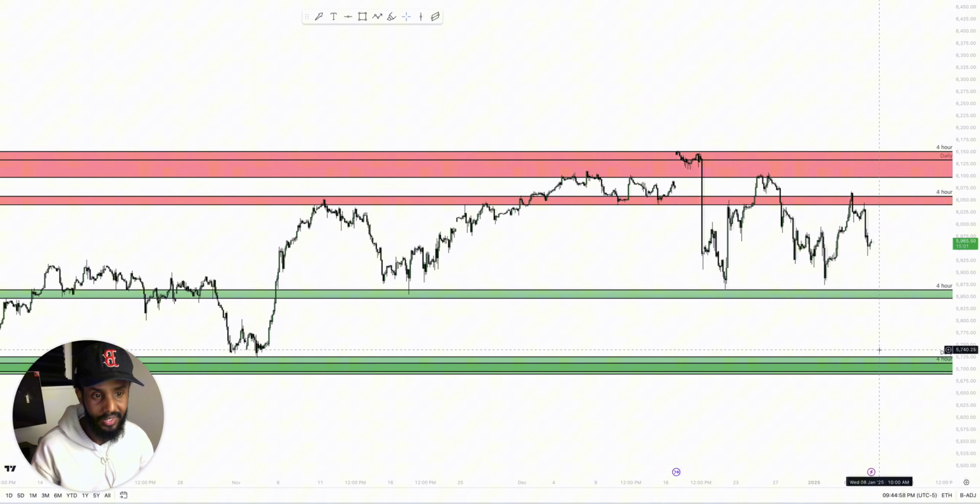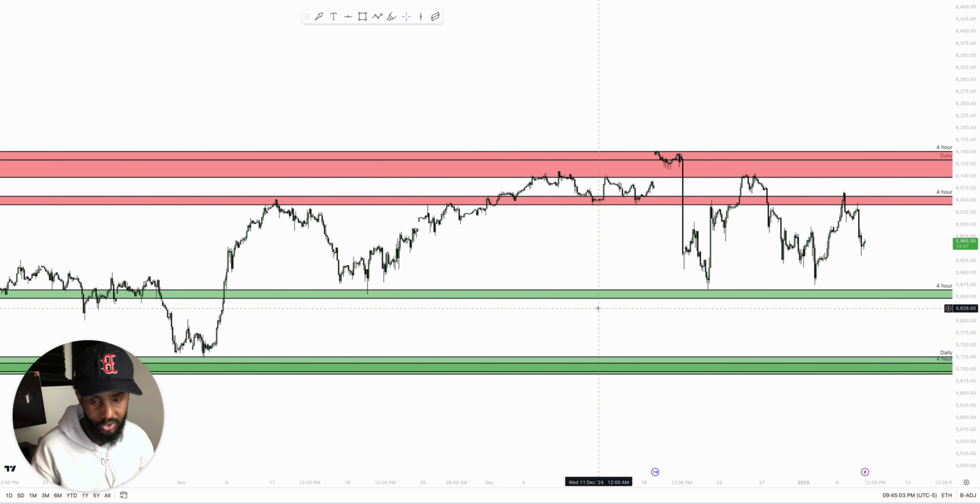And then this is ES, so this is the S&P 500 futures, and the charts look a little bit similar. So we have this demand zone down here. This is a 4-hour demand level at that 5870 kind of area. We can see what happened today was this thing went higher, and we rejected that 4-hour time frame.